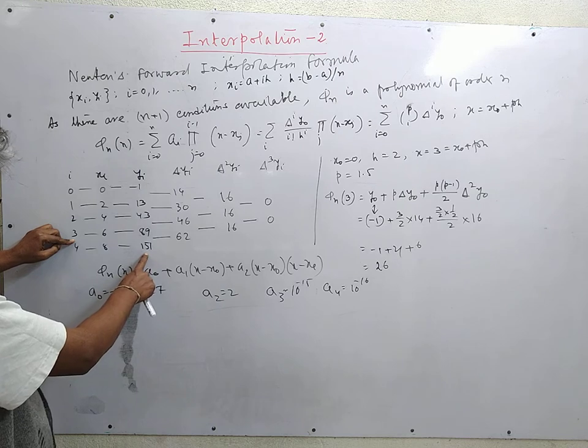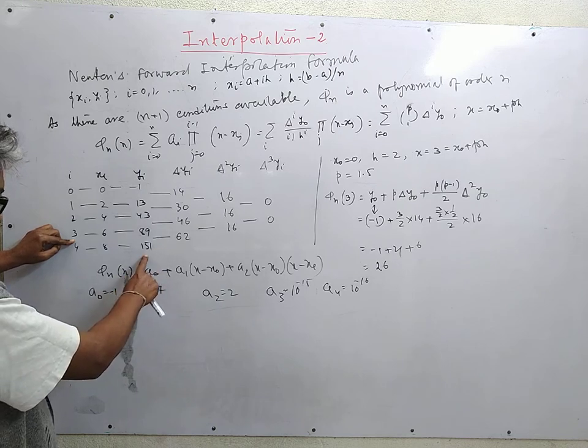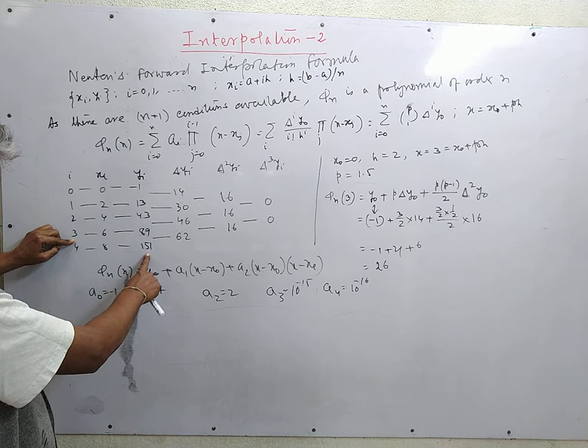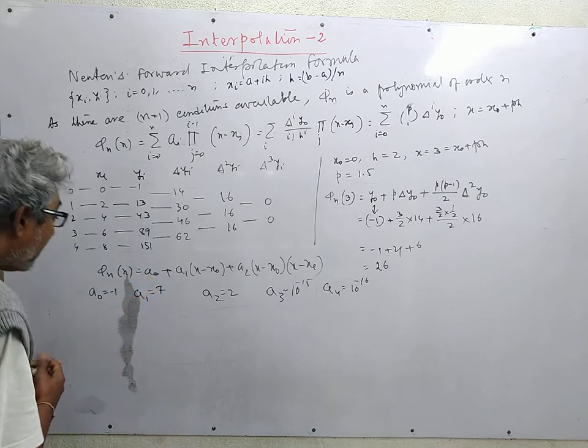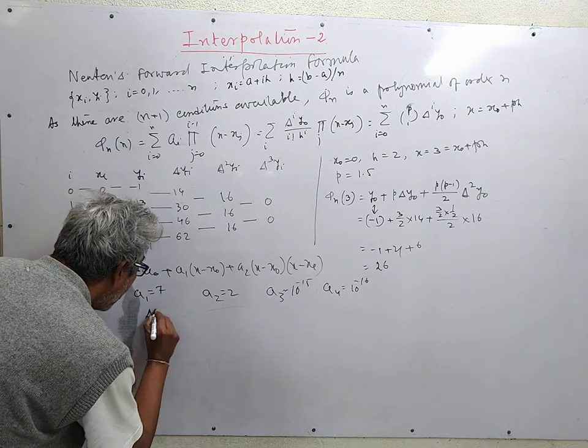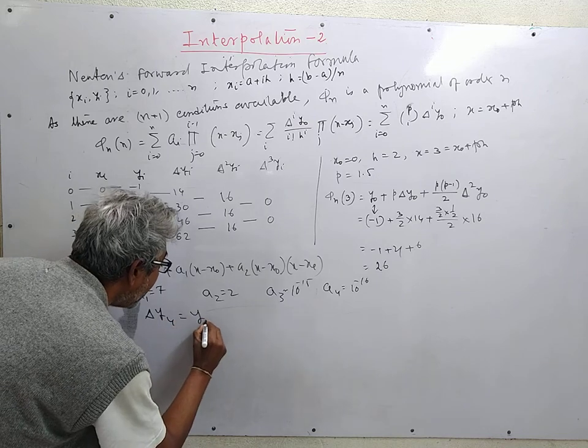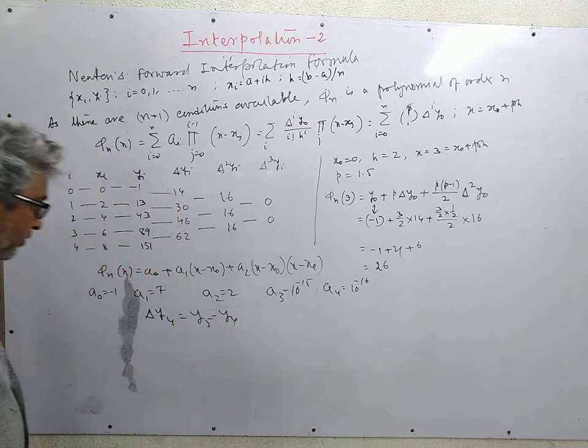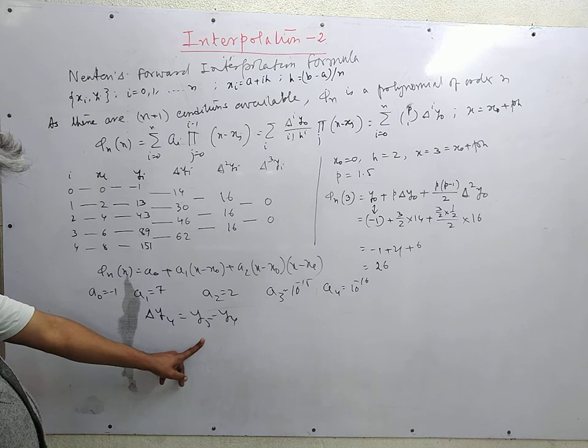So only y4, and we cannot calculate even the first difference of y4, because delta of y4 is defined as y5 minus y4, and we do not have any knowledge about y5.